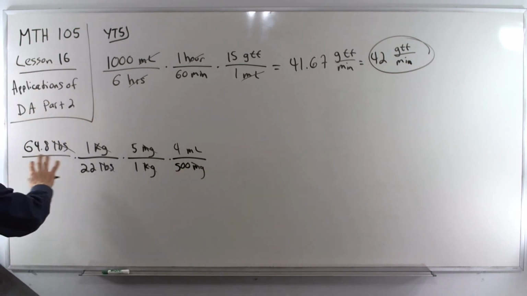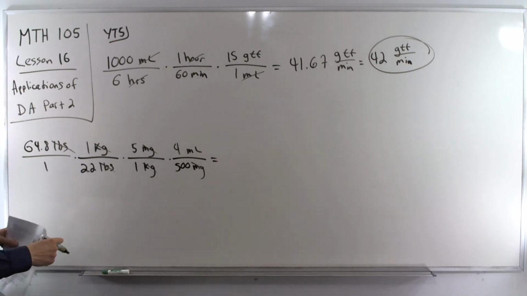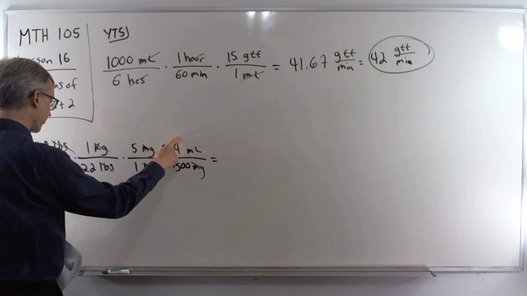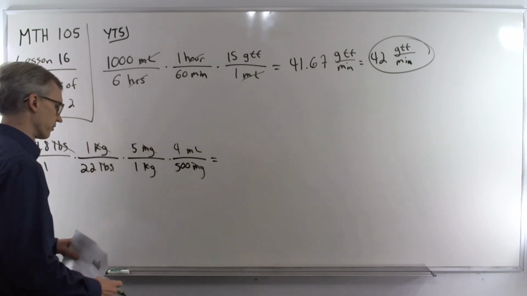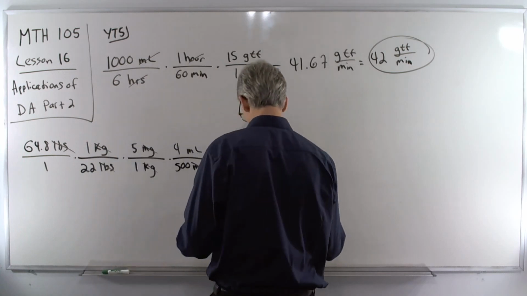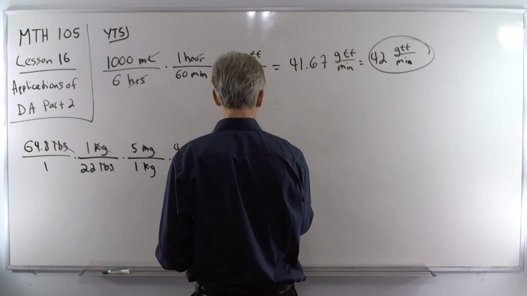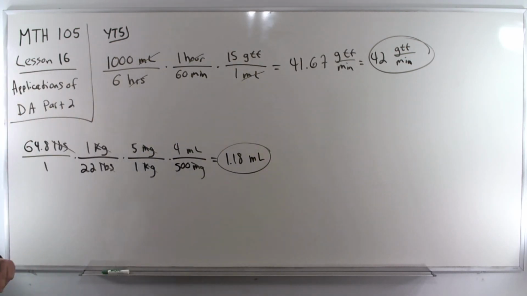And now we've gotten rid of all the units except for milliliters, and that's what we want. So we're going to take 64.8, multiply by 5, multiply by 4, then divide by 2.2, then divide by 500. So that gives us 1.18 milliliters of this medication.